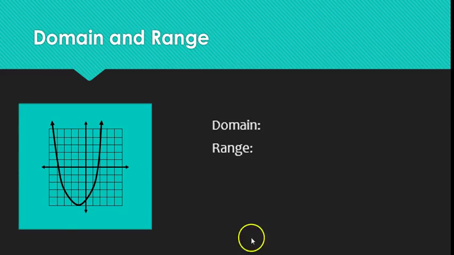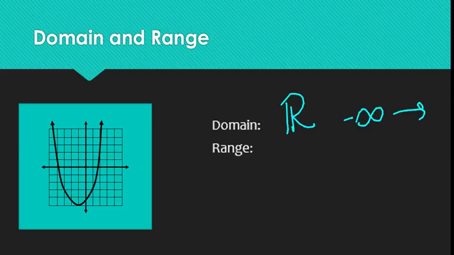So the domain is going to be all real numbers because it will go from negative infinity all the way to positive infinity because those arrows are pointing in both directions. Now we can see the range has a low point of -5. So the range, my y values are going to be greater than or equal to -5.